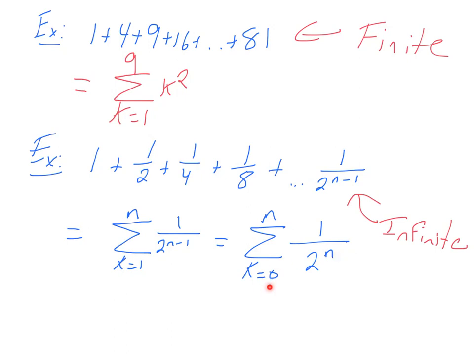And we get the same numbers. We plug in 0, then we plug in 1, we get 1/2. We plug in 2, we get 1/4, and so on. So depending on how we index our sigma notation is going to depend how our series works out. And once again, it doesn't necessarily have to start at 1 and go to n. It could start at 0, it could start at 2. You can make your index start wherever you want it to.